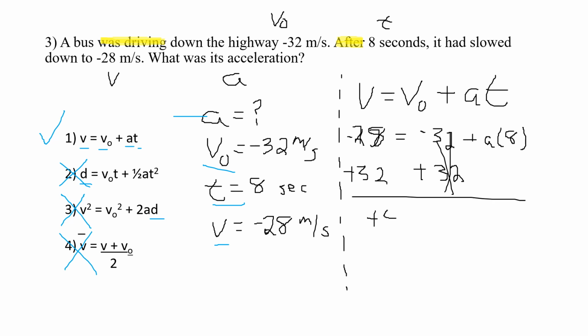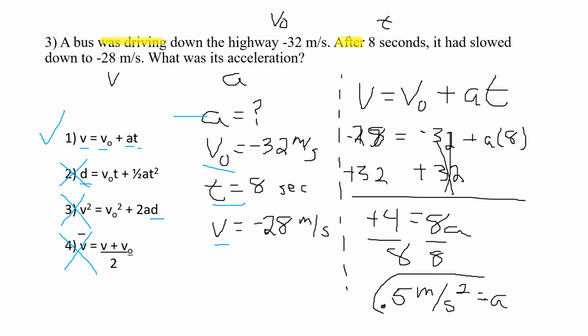Positive 4 equals 8a. Divide by 8, 1/2, or 0.5 meters per second squared equals a. Nice.